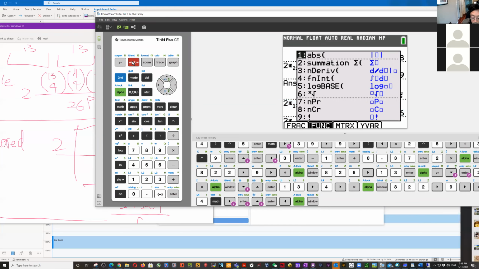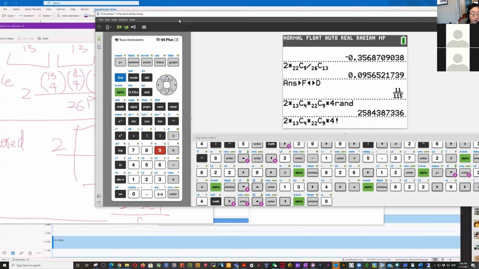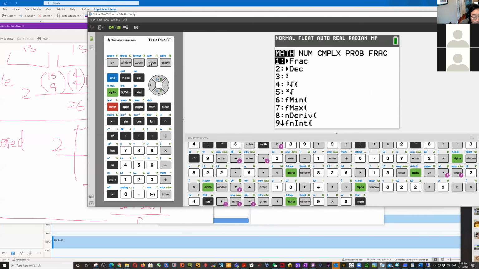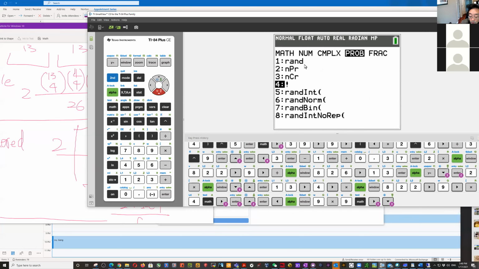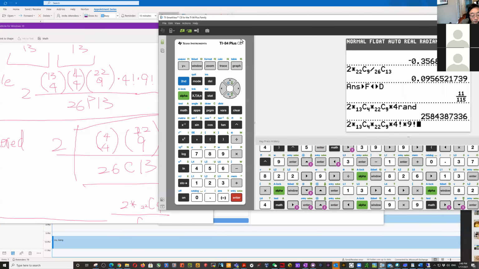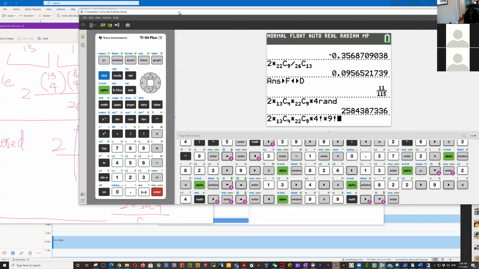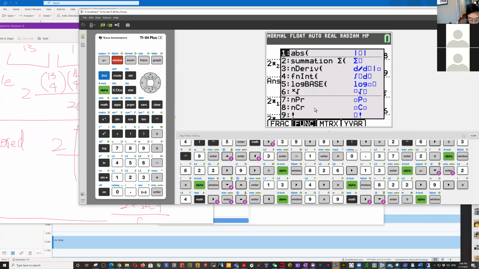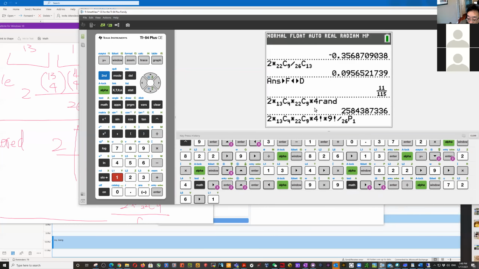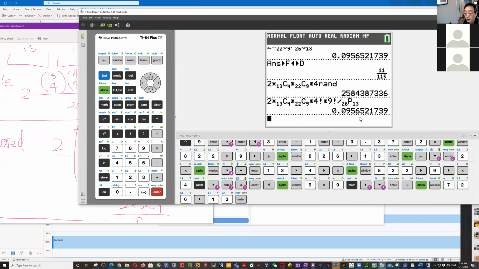So 9 multiply 4 factorial, also need to multiply 9 factorial, and also divide by 26 permute 13. Yeah, so this actually comes up with the same number.